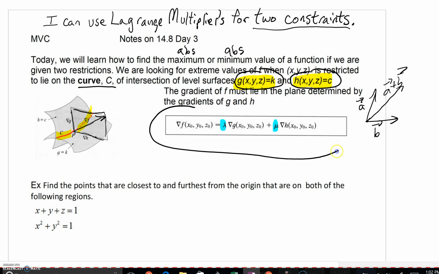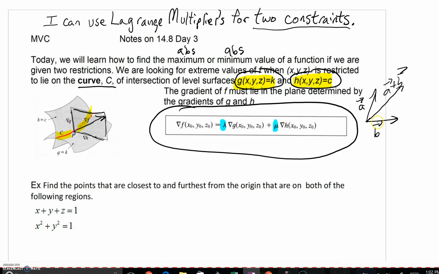So in this box is the key to doing this problem. The gradient of F is the addition of some multiple of the gradient of G, that's lambda, that should look somewhat familiar, plus, now this is the Greek letter mu, so that's mu times gradient of H. So it's that addition of vector idea that's going on.